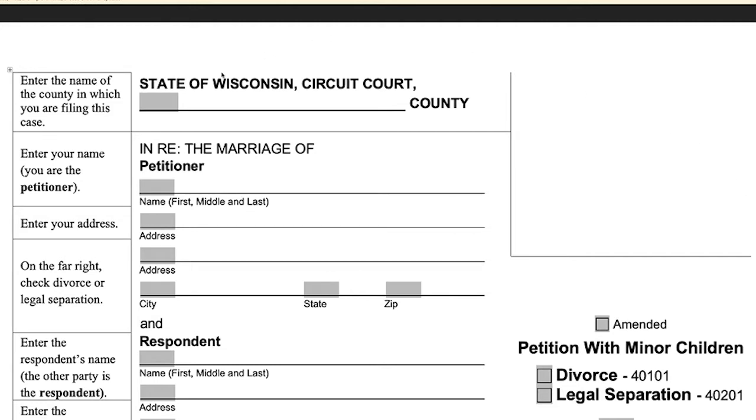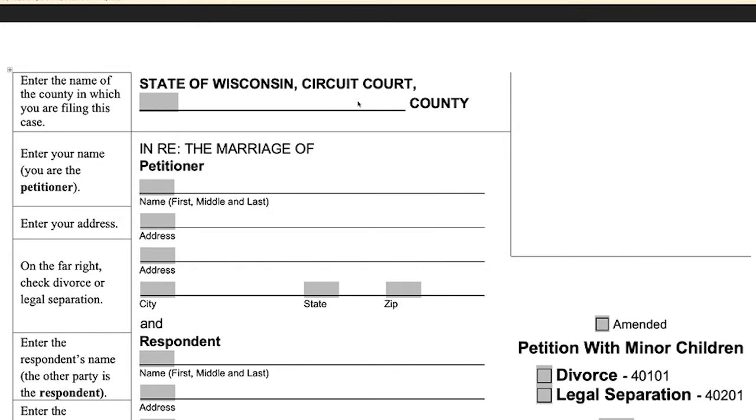So we'll start at the top of the form, and they say enter the name of the county in which you are filing this case. You need to put in your county of residence. Wisconsin has very specific residency requirements, and you need to have lived in the state of Wisconsin for 6 months and the county in which you're filing for 30 days.